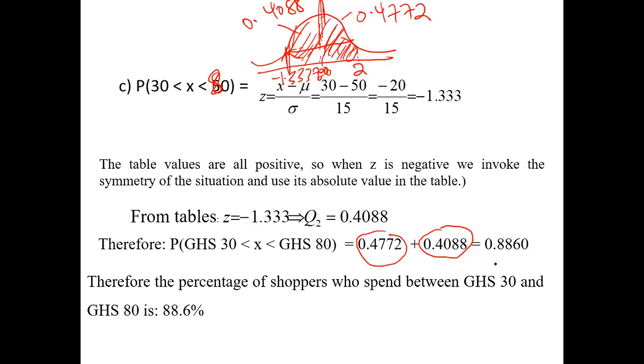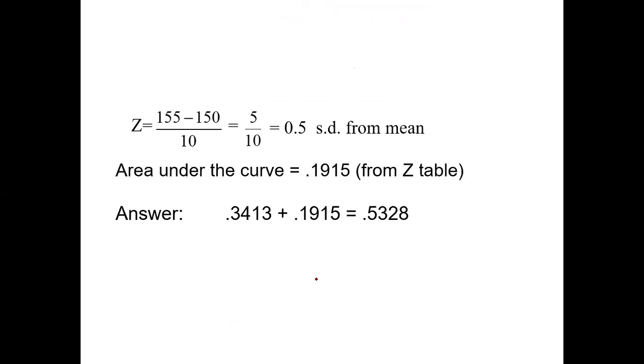You get 0.8860. So the probability that the shoppers will spend between 30 and 80 is 0.886. In terms of percentage, the percentage of shoppers who spend between 30 and 80 is 88.6%. Okay.